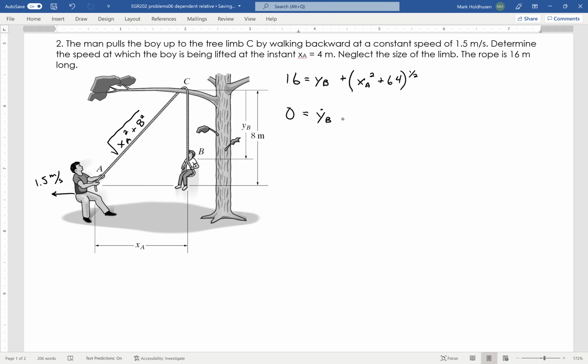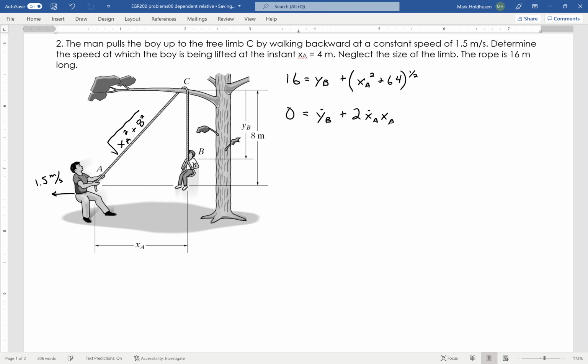Now I need to take the time derivative of this. I have to take the derivative of the inside times the derivative of the outside. Let's take the derivative of the inside. The 64 goes to 0, so I've only got that x squared, which I have to write as 2x dot times x. The other way you can think about it is, if I've got x times x, I'm going to have x dot times x plus x times x dot, which is 2x dot x.